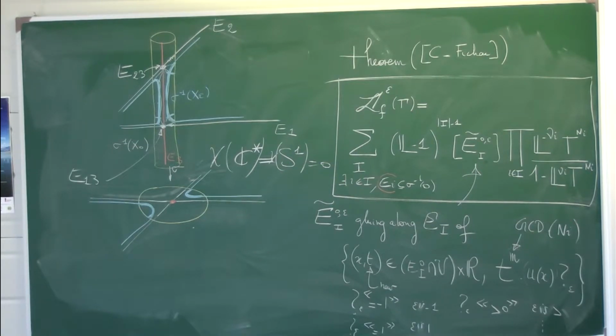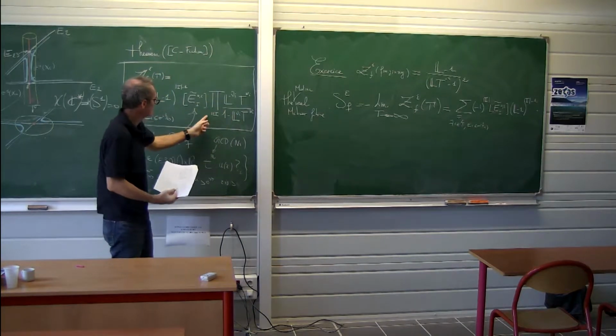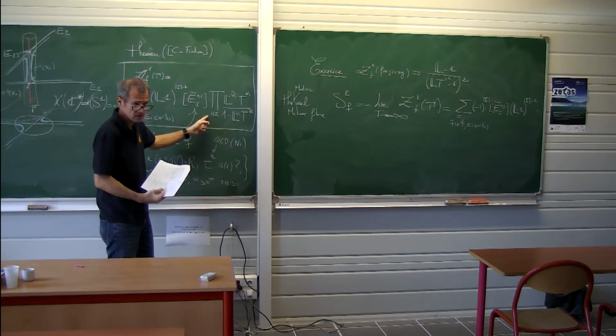And here you have again this guy, the class of this guy. You have L minus 1 to this power, appearing here. This guy stays. And here we have minus 1 to the length of this set of indices.